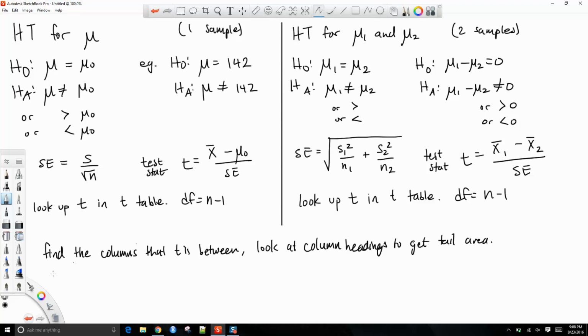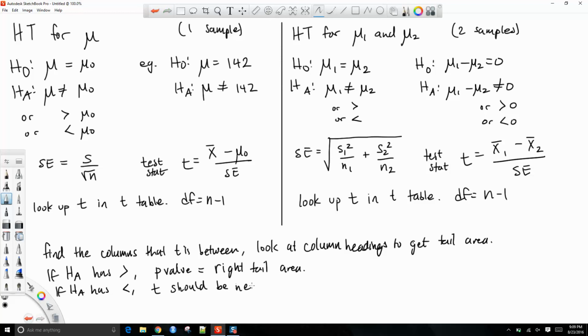Okay, so if the alternative has a greater than sign, then the p-value is equal to the right tail area. If the alternative has a less than sign, then your t will most likely be negative, or should be negative. Then basically pretend all the numbers in the table have negative signs, and then you've got the left tail area.